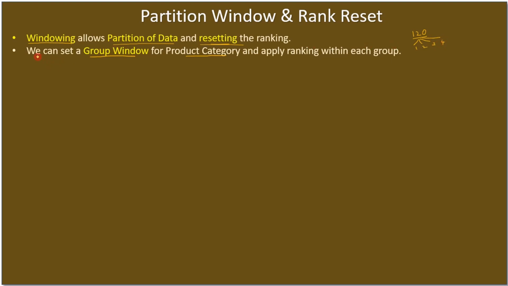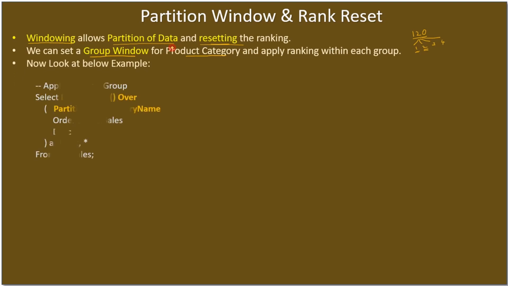Now, we can set a group window on product category and apply ranking within each group. So this is one category; under this category, what is the rank? This is the second category; under this category, what is the rank? That's what we are going to achieve using the partition of data.